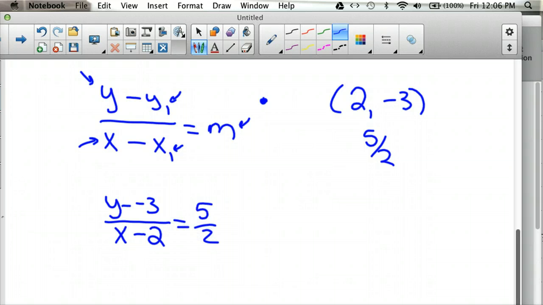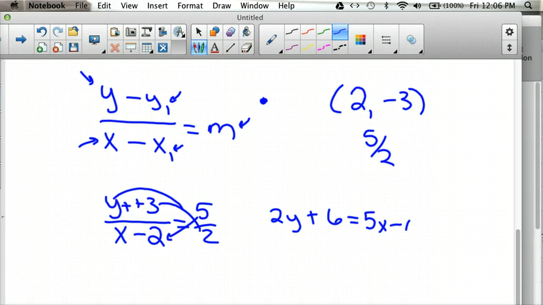Once you have that, then you cross multiply, and you'd have 2y plus 6, because I'm changing my signs here to positive and distributing the 2 through both, and then taking 5 times the x minus 2 equals 5x minus 10.